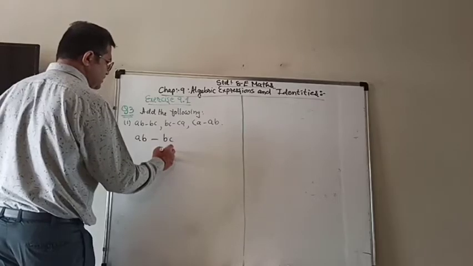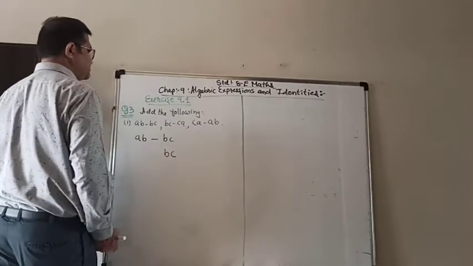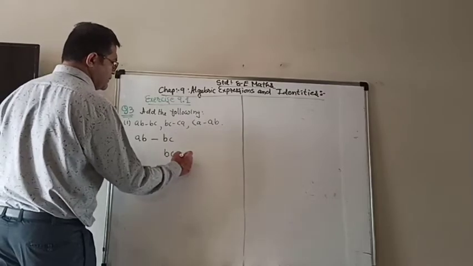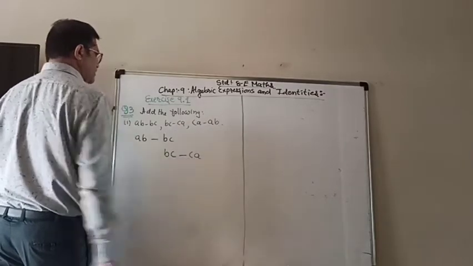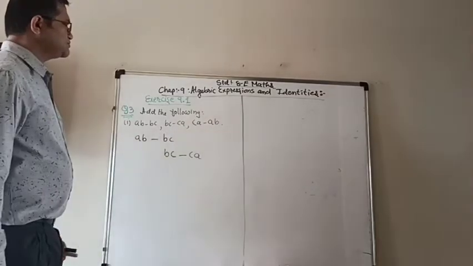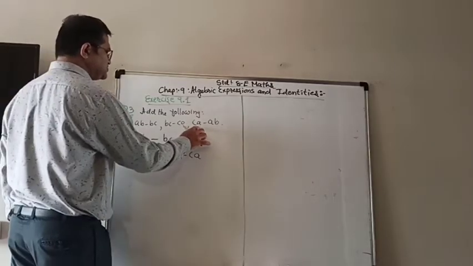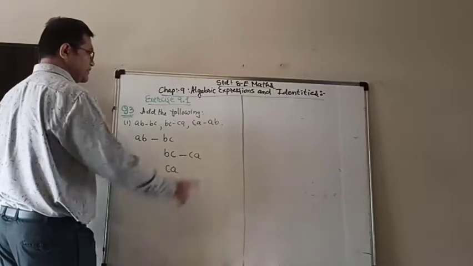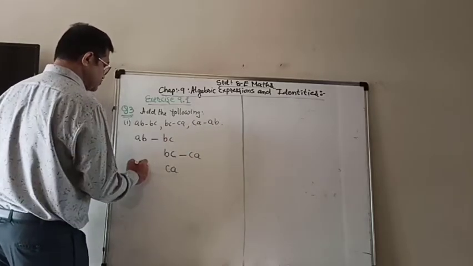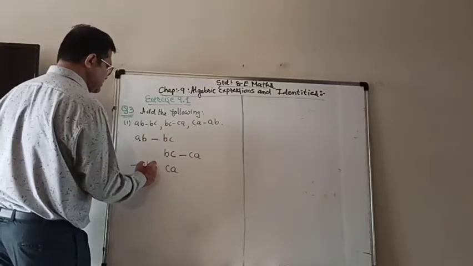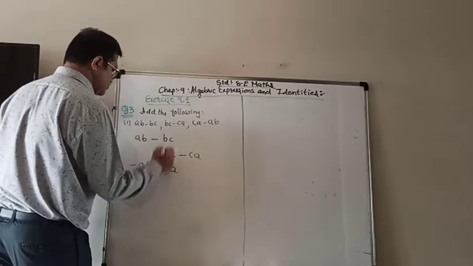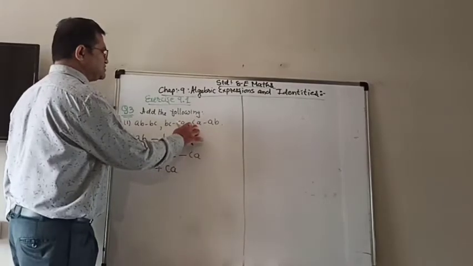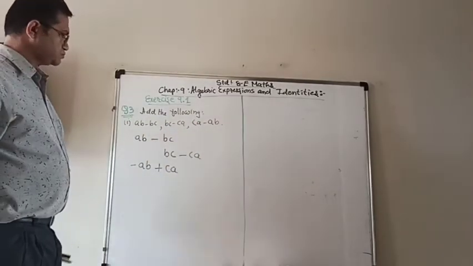So we write BC under BC. Now CA is not here, so minus CA will be written at last. In the third one there is CA, so we will write CA here and minus AB. So minus AB will be here and here there is nothing. So we have to put plus CA because there is no sign, it means there is a plus sign.